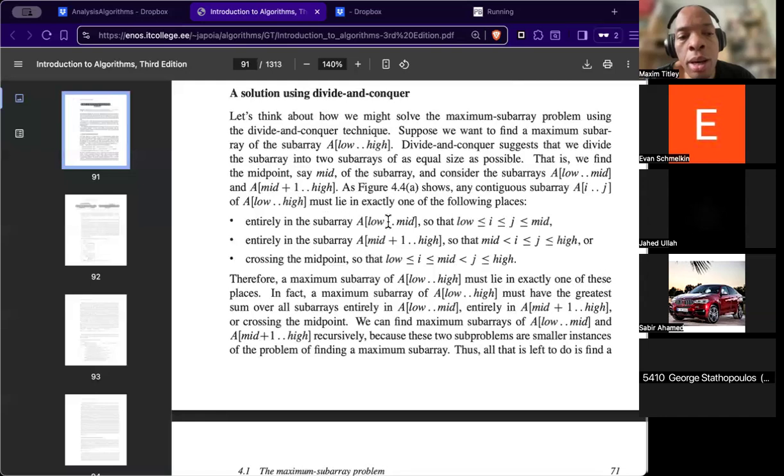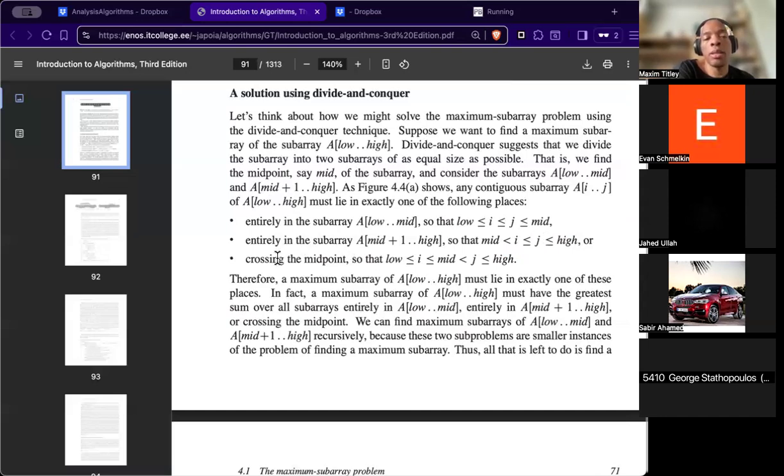First, it's either entirely in the subarray from low to mid, where there's some indices i and j between those elements, or it could be between mid plus one and high, where there would be some i and j between mid plus one and high. Notice that here the i is without the less than or equal to because we're going plus one to make sure that we don't cover the same thing again.